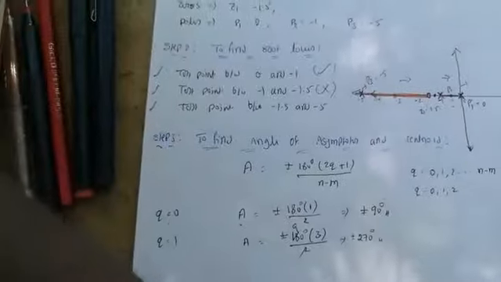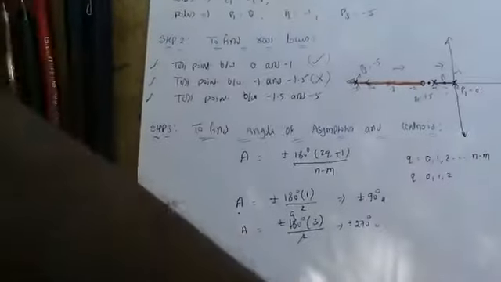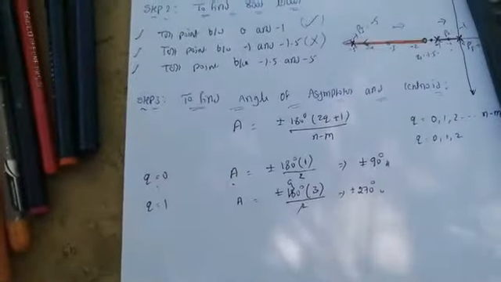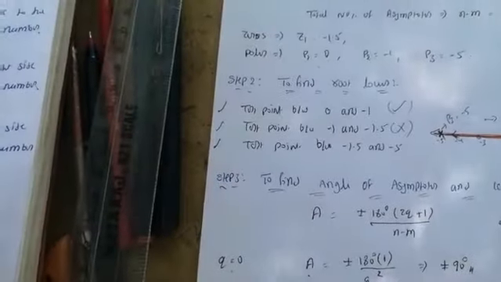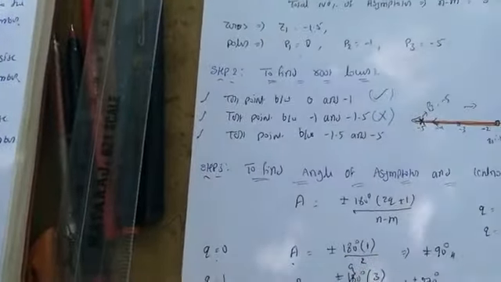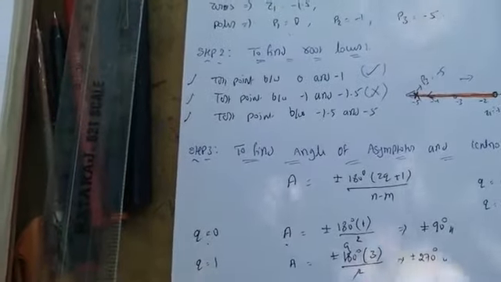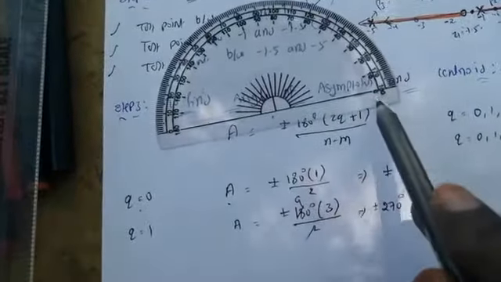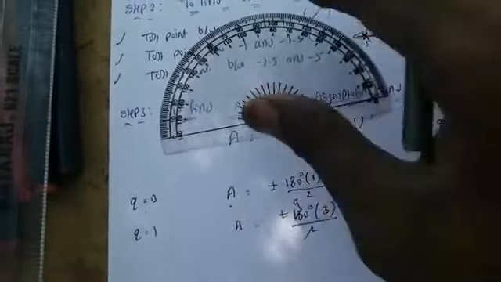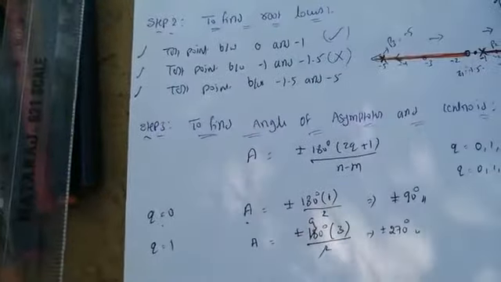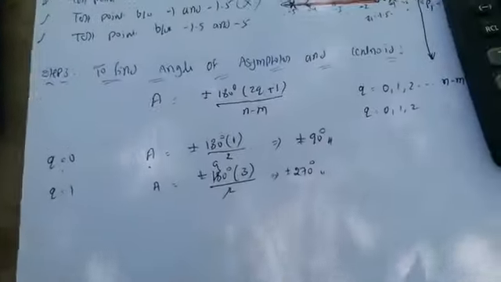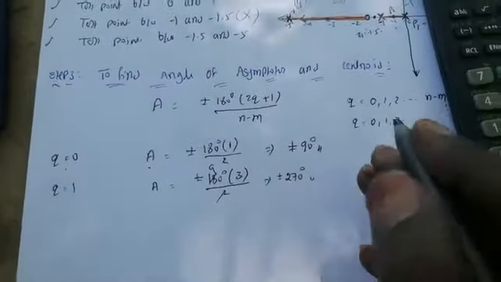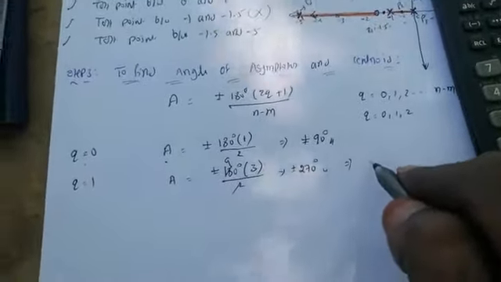Already I said that when the angle is more than 180, actually in a protractor we have only 0 to 180 degrees. Now we got an angle more than 180 degrees. At that time, we have to subtract 360 from this 270.